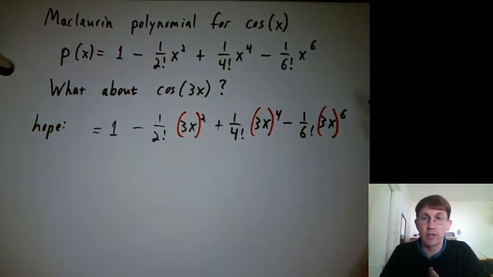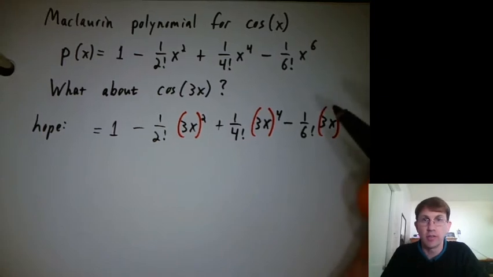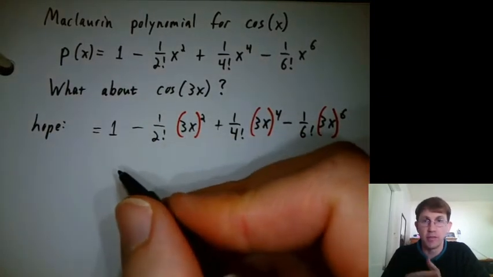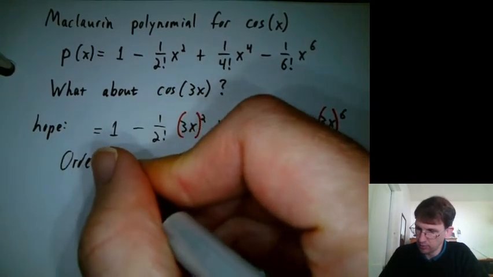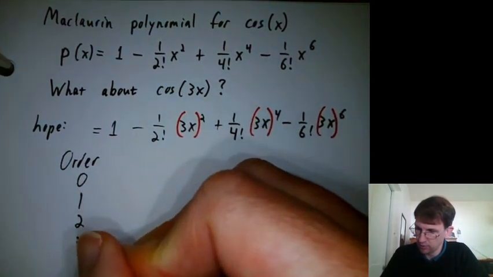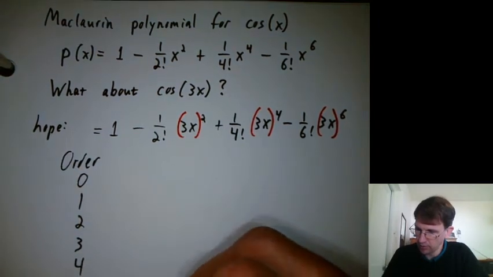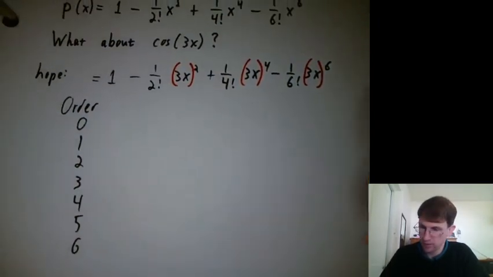Now we should actually go check it by doing all the derivative calculations. So maybe pause the video and come back when you're done. So we'll do order 0, 1, 2, 3, 4, 5, 6.